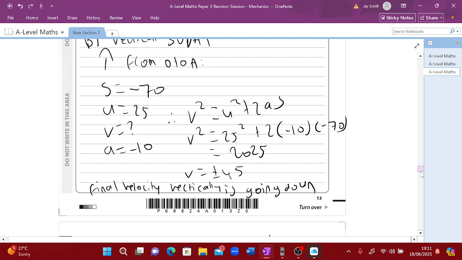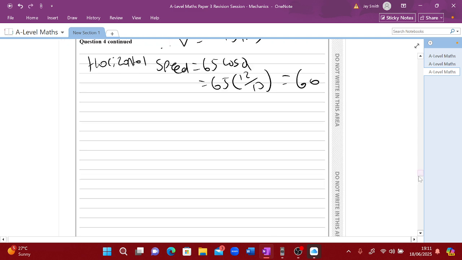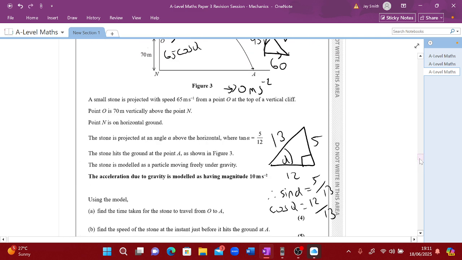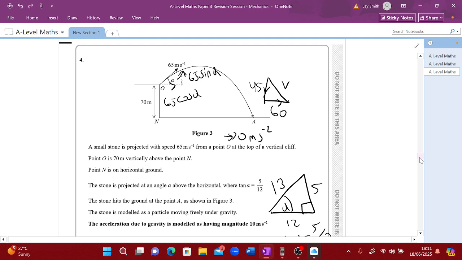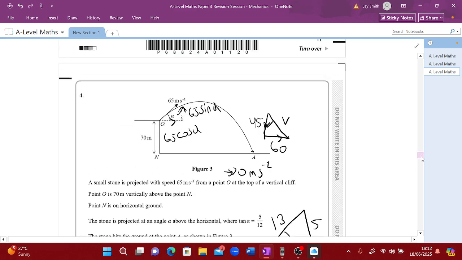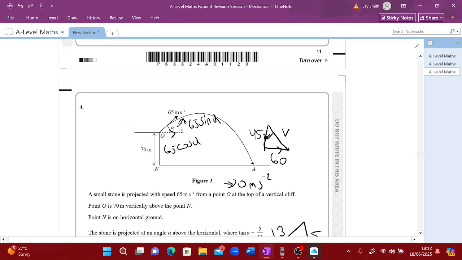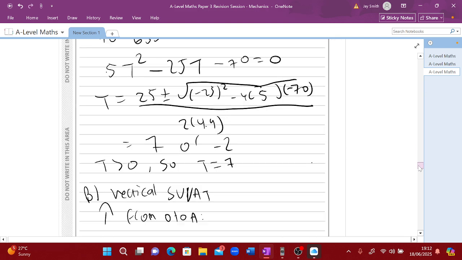Because remember, we worked out v to be minus 45, but the minus is because it's going down. So the vertical component of the final speed is going down by 45, and it's going to the right by 60. That's the horizontal part. Overall, then, the speed is just going to be the Pythagoras of that.